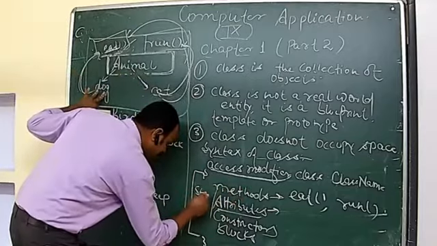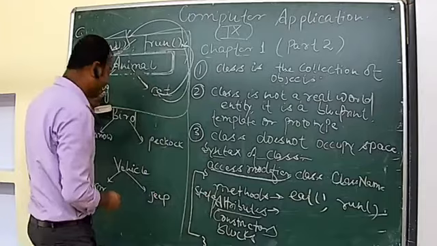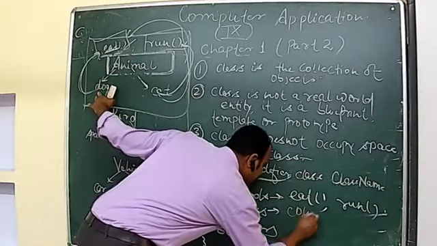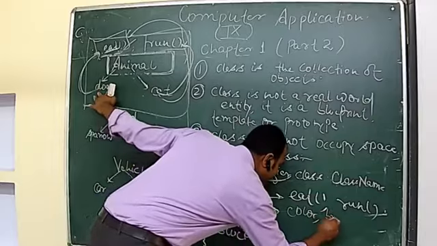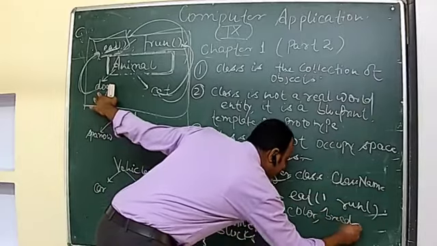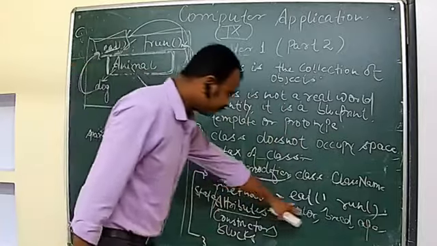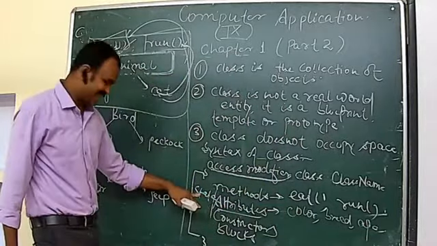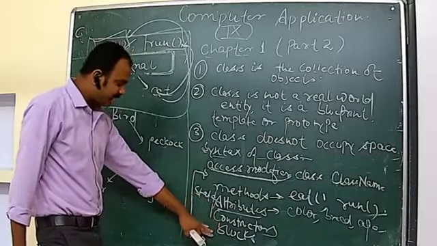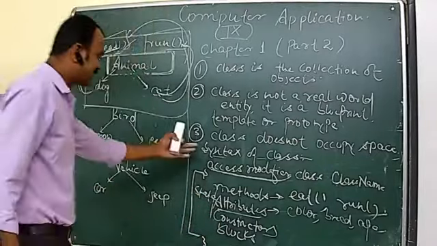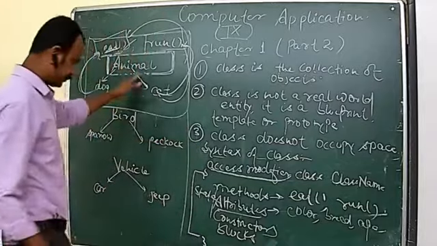State or attributes may be color, breed, age, all these would be your attributes or state. Constructors, blocks, nested classes and so many things a class can have. So this is a class.